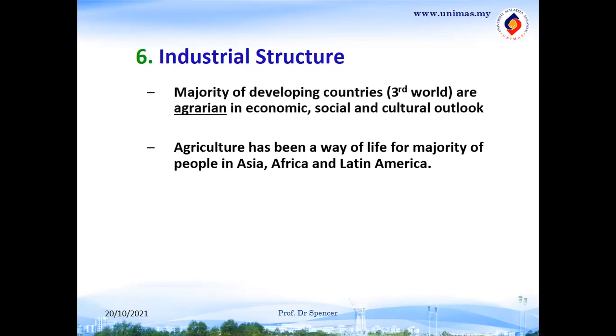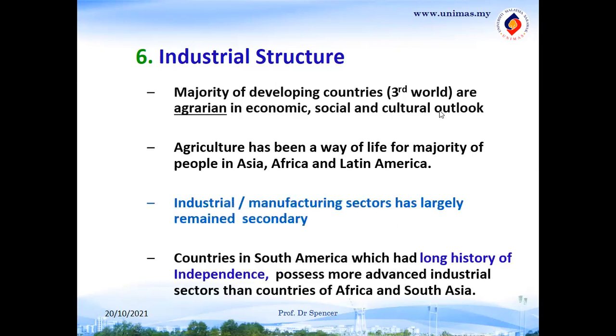In other words, the culture, the social and economic are very much tied to agriculture, right? So agriculture has been a way of life for the majority of the people in Asia, Africa, and also Latin America, right?